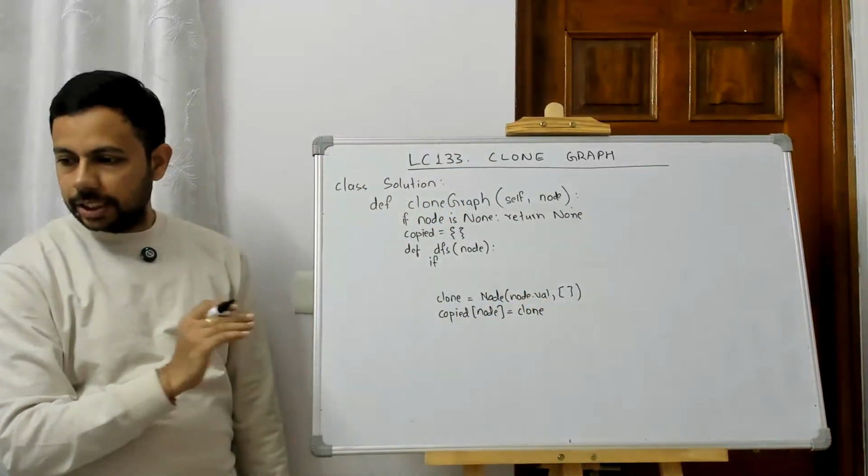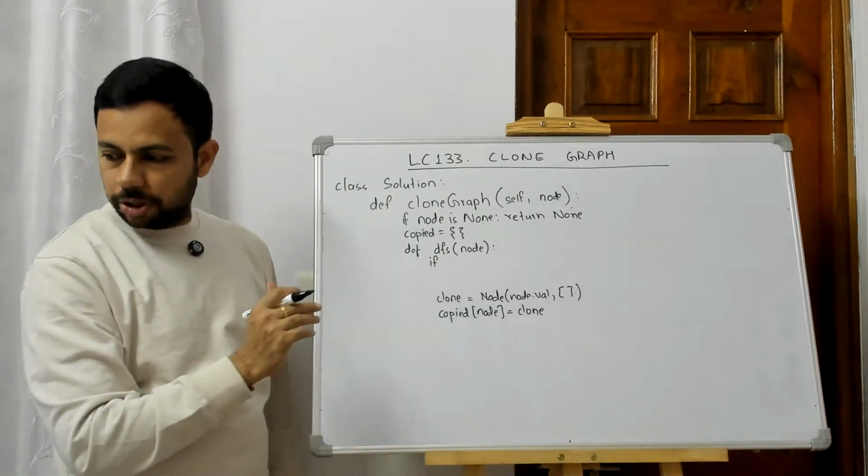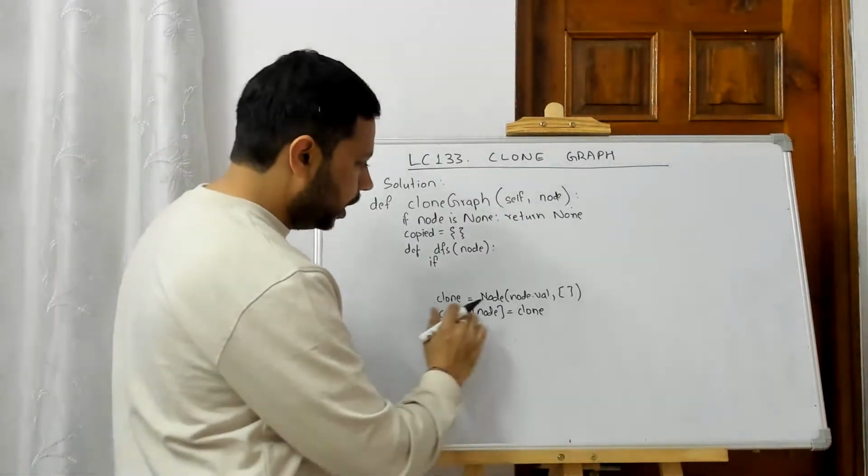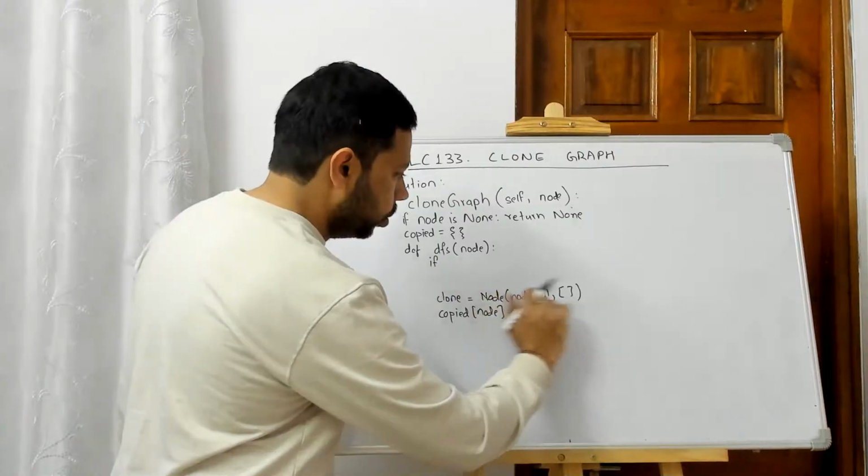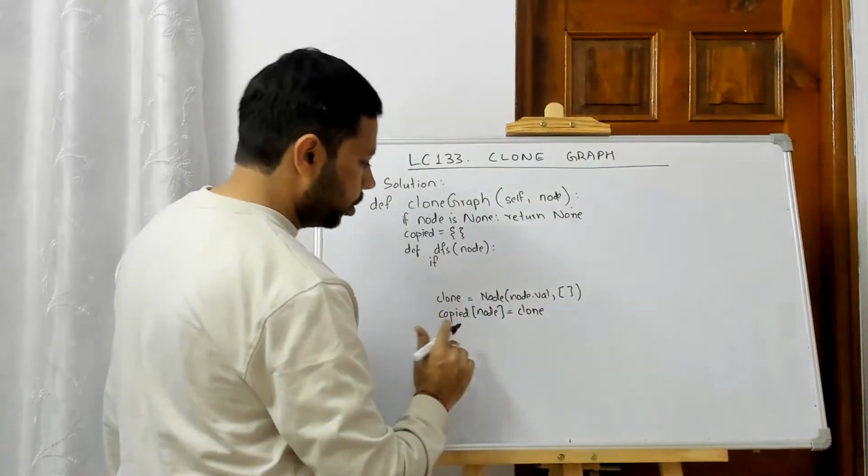That's the instantiation. And then for all neighbors of this node, you have to copy those neighbors also.